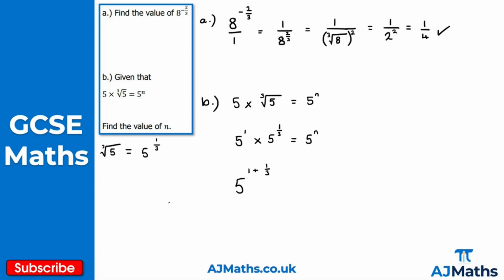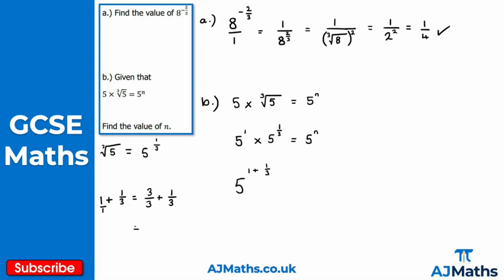So 1 plus a third here. Again, to add this whole number, this integer, and this fraction together, this whole number would need to have a common denominator with this 3 here. So this is 1 over 1. But to add these, like we said, this denominator must be 3. That would be 3 over 3 plus 1 over 3.